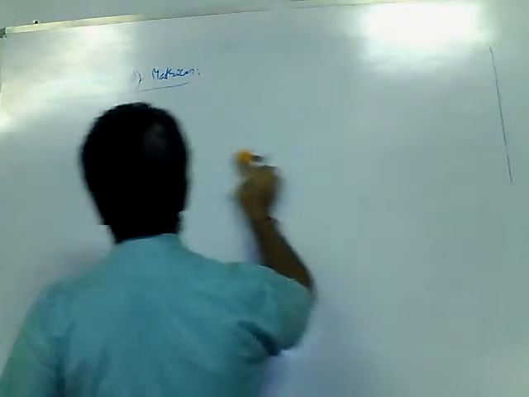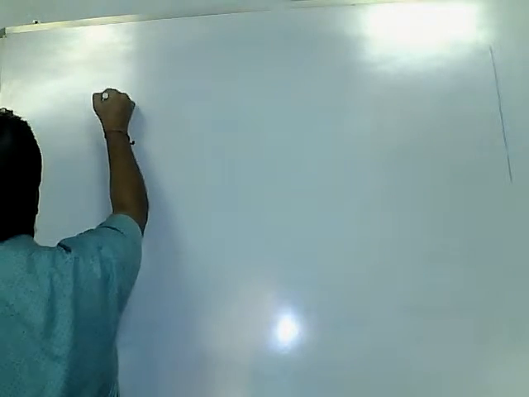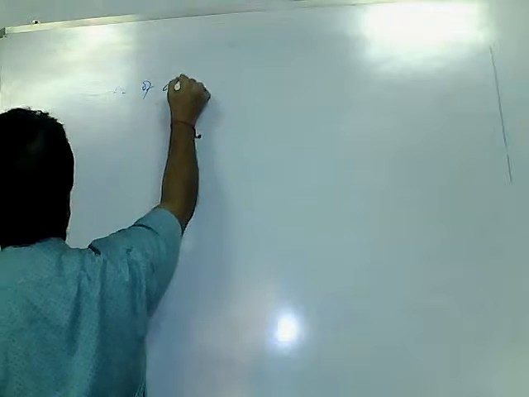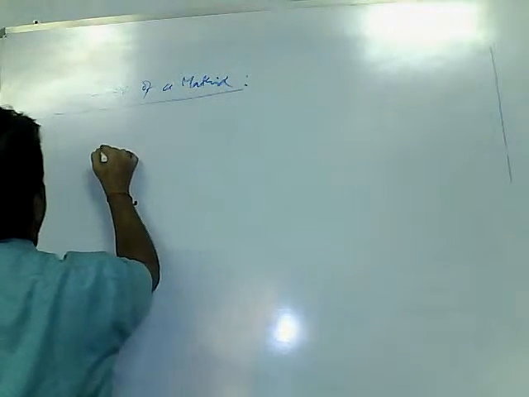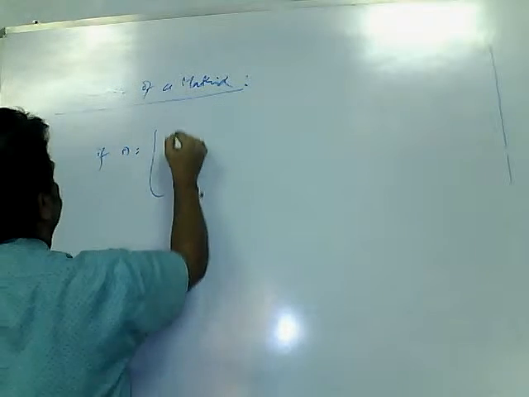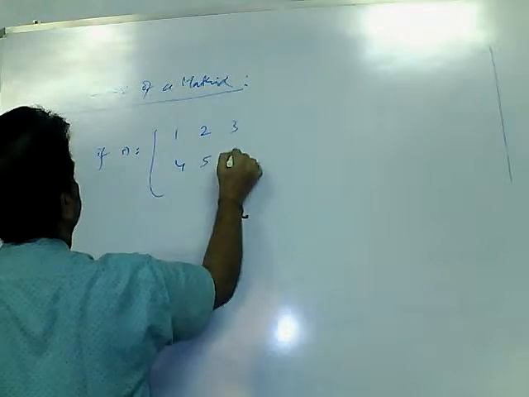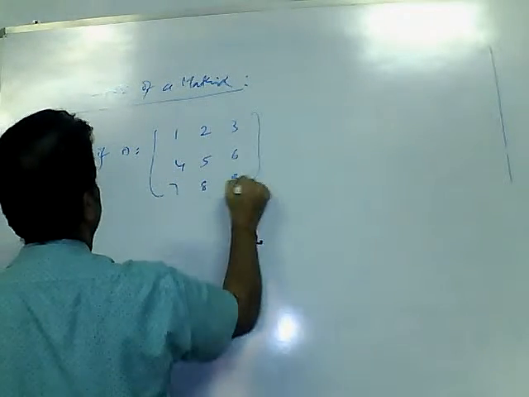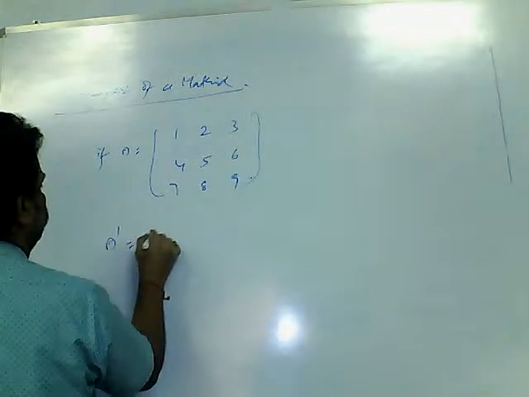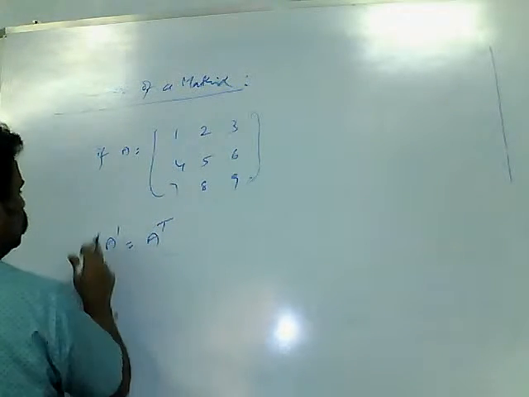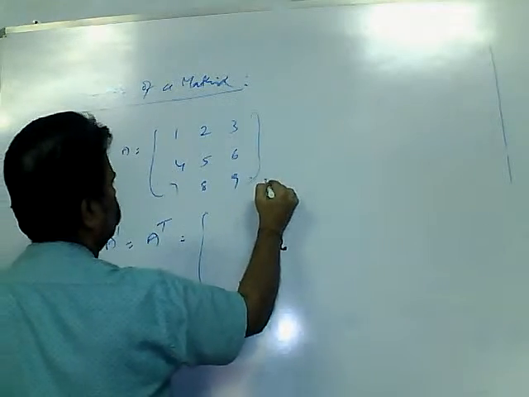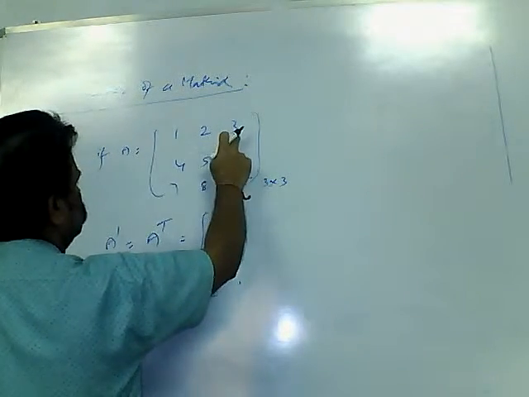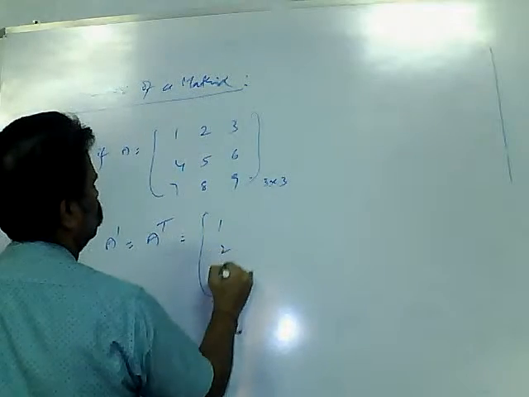Before going to that part, we'll see the transpose of a matrix. Transpose. Suppose A is equal to 1, 2, 3, 4, 5, 6, 7, 8, 9, then A dash or A transpose, both are the same, is obtained by interchanging the elements of the rows and columns. Here the row should be a column. Now 1, 2, 3.